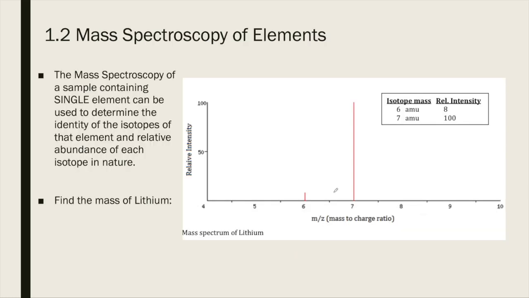All right. So, mass spectroscopy of a sample containing a single element can be used to determine the identity of the isotopes, the element and relative abundance of each isotope in nature. And now that may sound difficult, but it's really not.